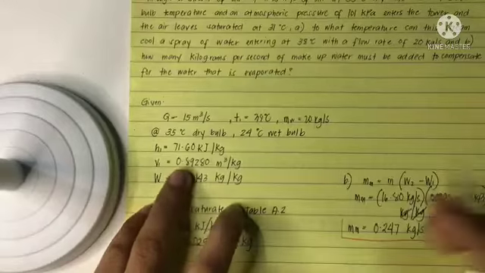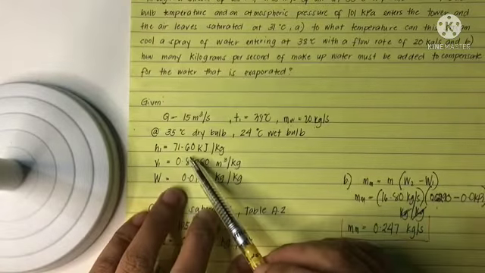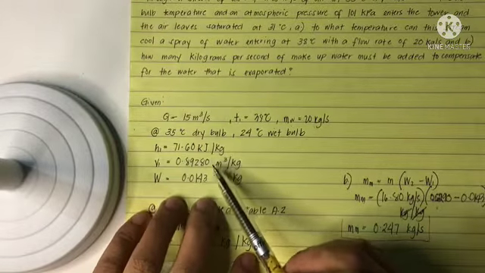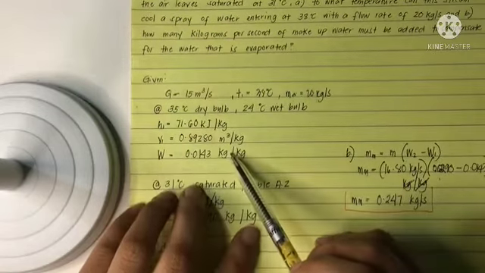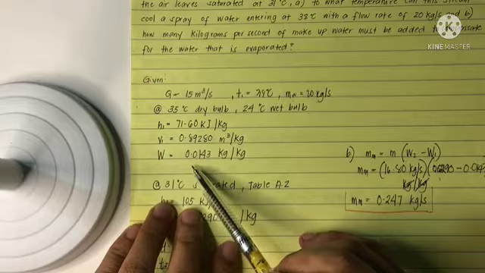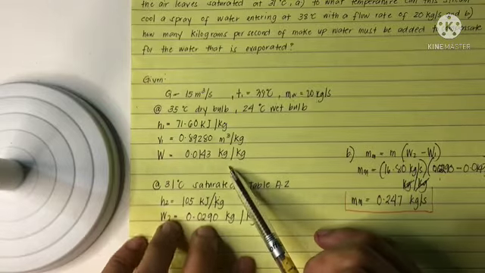So we have H1, which is 71.60 kilojoules per kilogram, our specific volume, which is 0.89280 cubic meters per kilogram, and our humidity ratio, which is 0.0143 kilogram per kilogram.